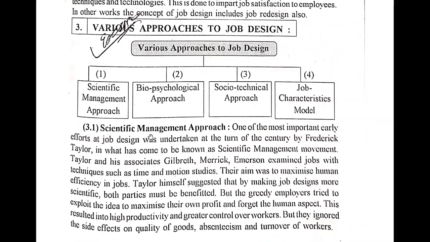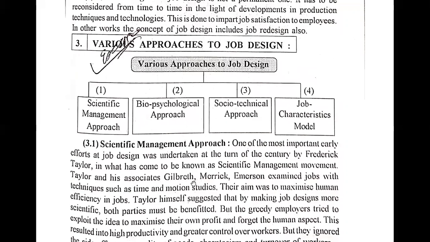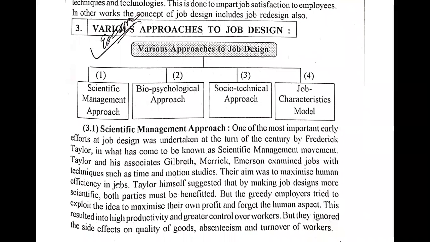So guys, here we will see the first, the scientific management approach. In the scientific management approach to job design, one of the most important early efforts at job design was undertaken at the turn of the century by Frederick Taylor in what has come to be known as the scientific management movement. Taylor and his associates Gilbreth, Merrick, and Emerson examined jobs with techniques such as time and motion studies.